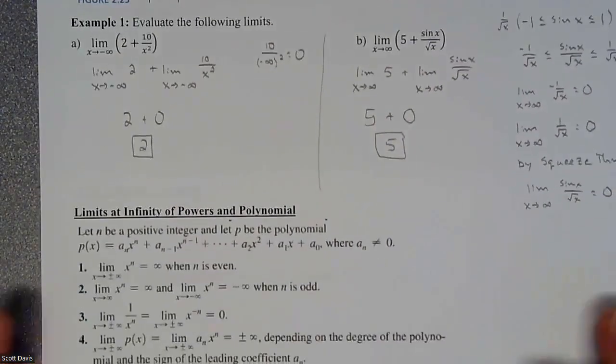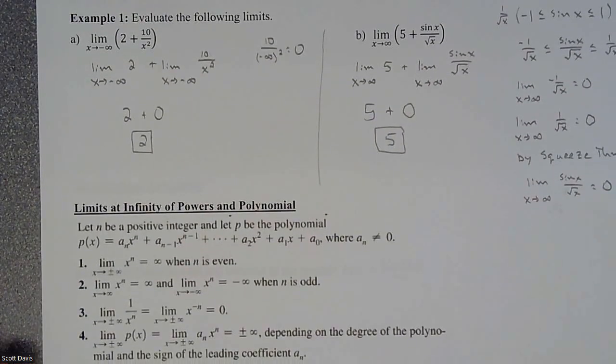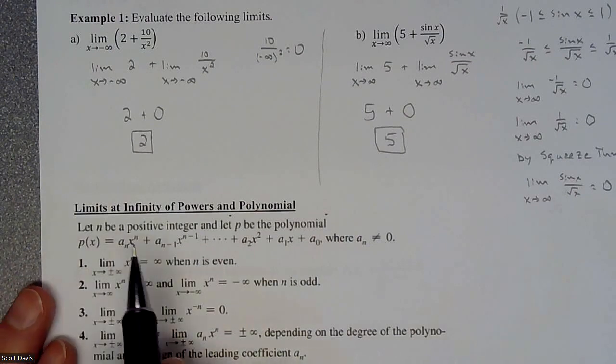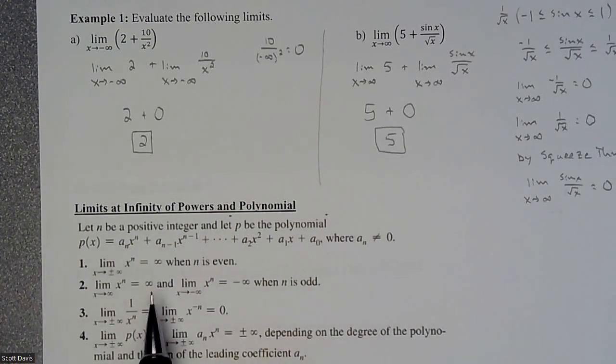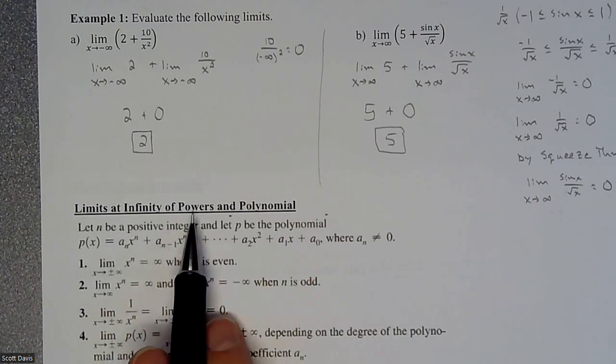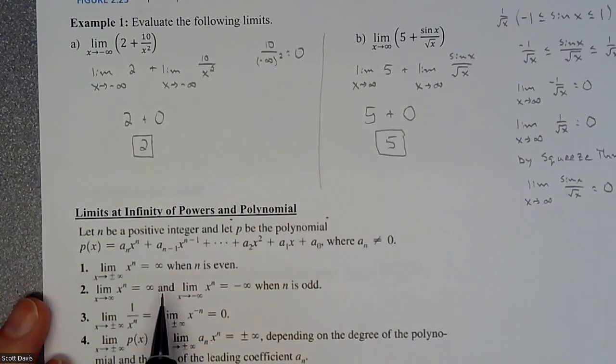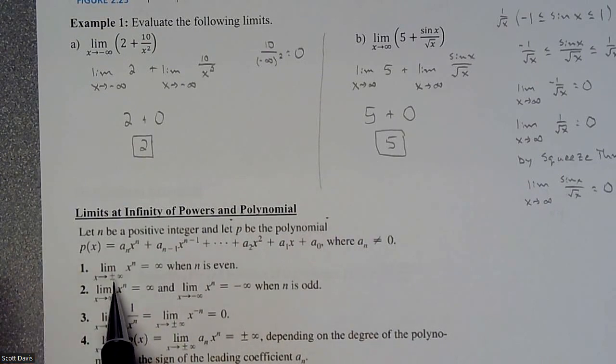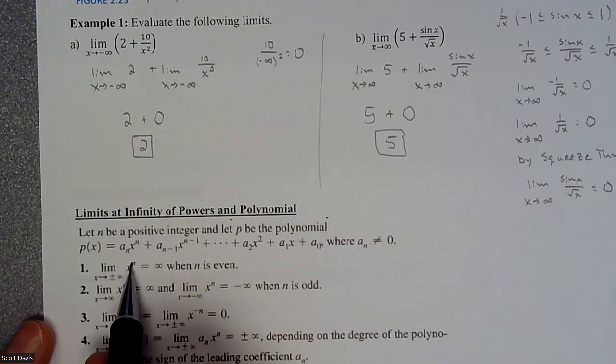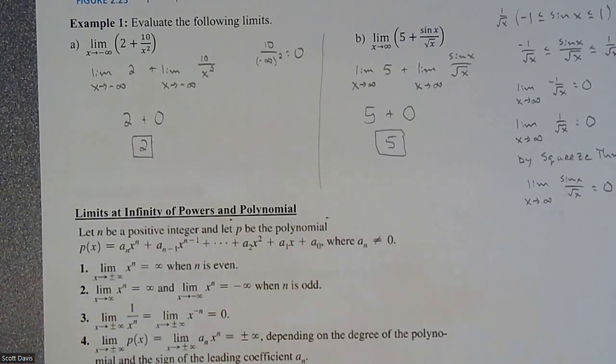Right. And then just a couple little properties before we throw them into the next problem. If we have polynomials, we're talking about powers. If the limit as x approaches positive or negative infinity of x to the n, it's going to be infinite, because if you have an even power, really we're talking about evens and odds, and we're going to organize them on a different chart.